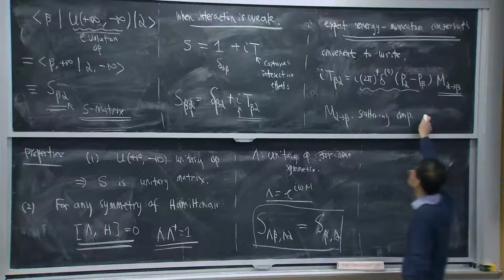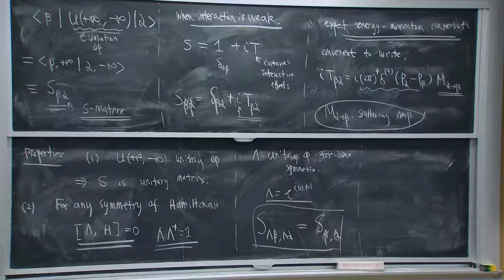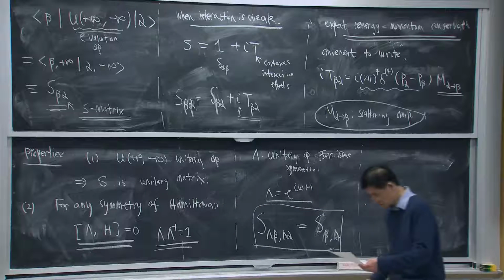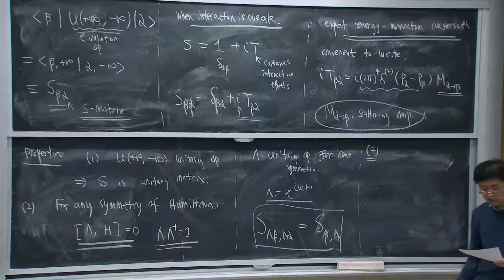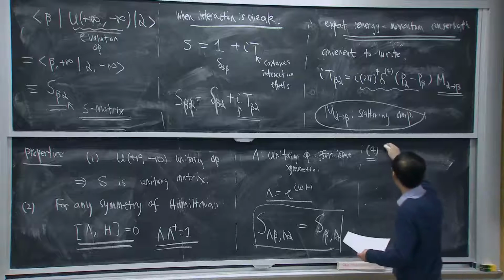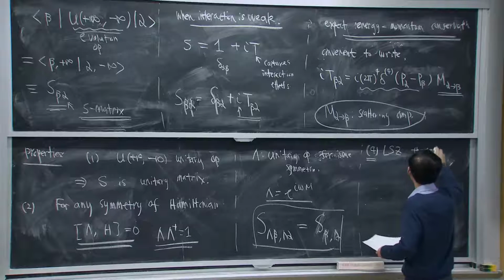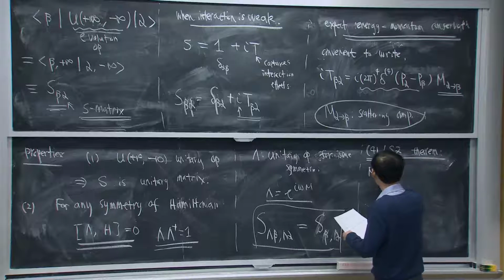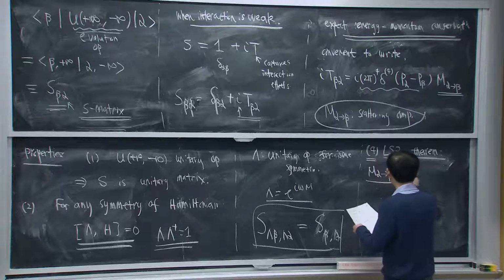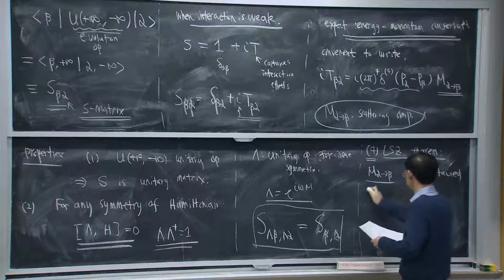So this is the key object we want to calculate in the interacting theory. Now, without proof, because the proof requires something going beyond what we discussed so far, let me just quote the LSZ theorem, which says that this scattering amplitude M alpha beta can be obtained from time-ordered correlation functions.